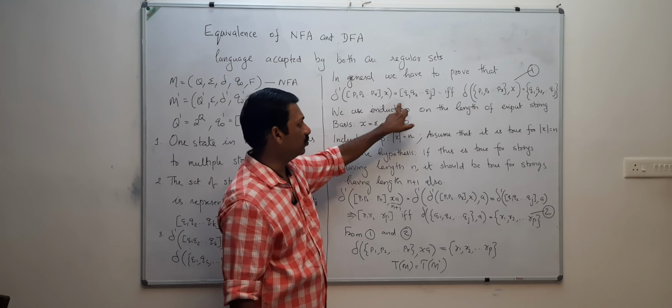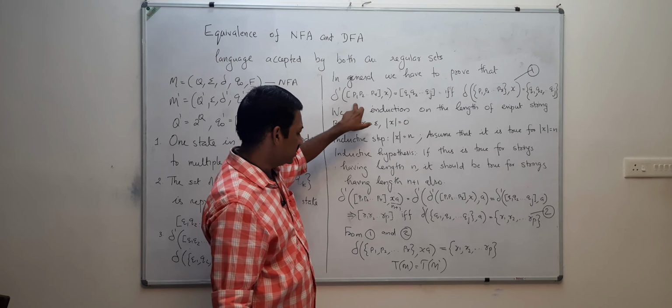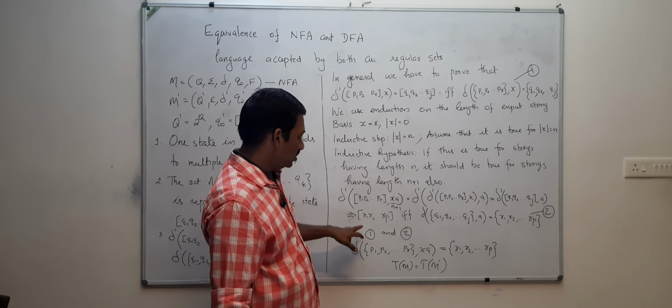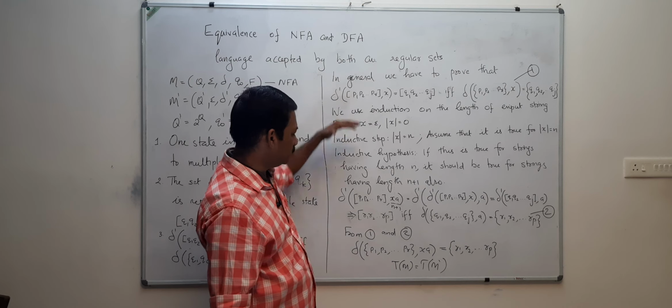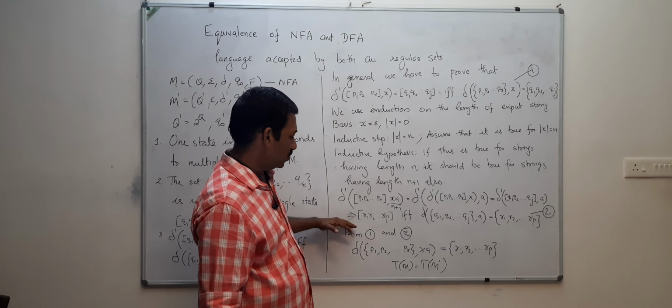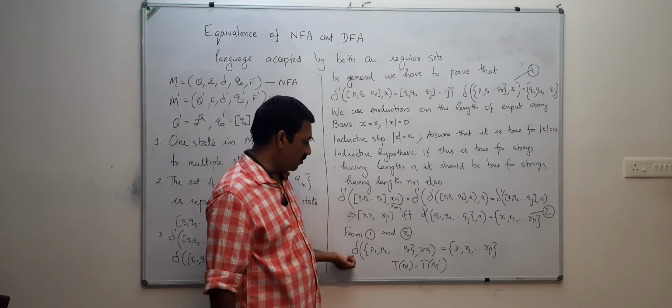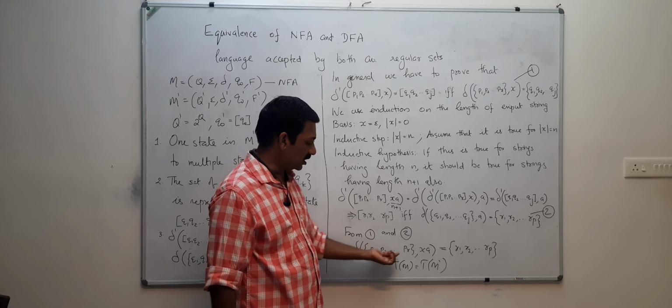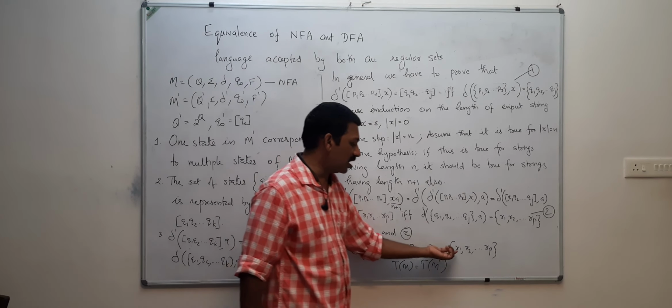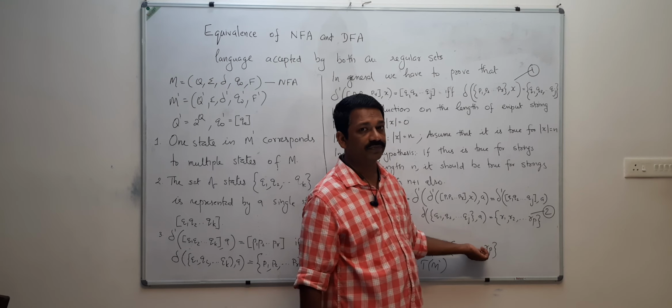From 1 and 2, what is our conclusion? This is the assumption and this is the second assumption. From these two, we deduce that delta of P1, P2, etc. up to Pr on XA is equal to R1, R2, etc. up to Rp.